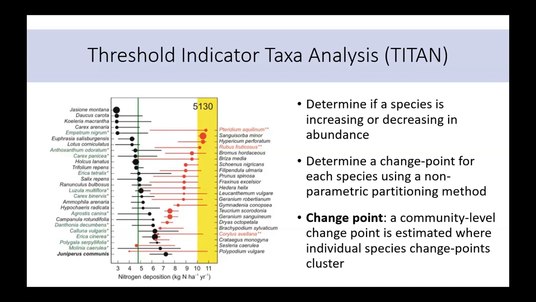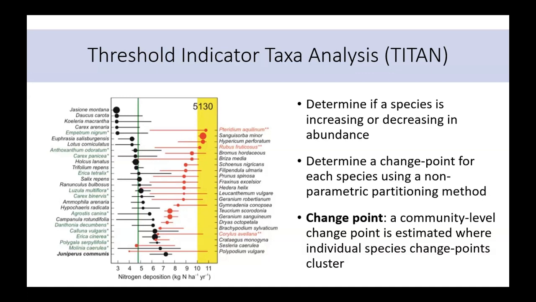In our critical load work, we're not that interested in what an individual species is doing. We want to know what the whole community is doing, or how that whole habitat is reacting. So TITAN does the 3rd thing, and this is the part we're really interested in. TITAN looks at all those individual species change points.